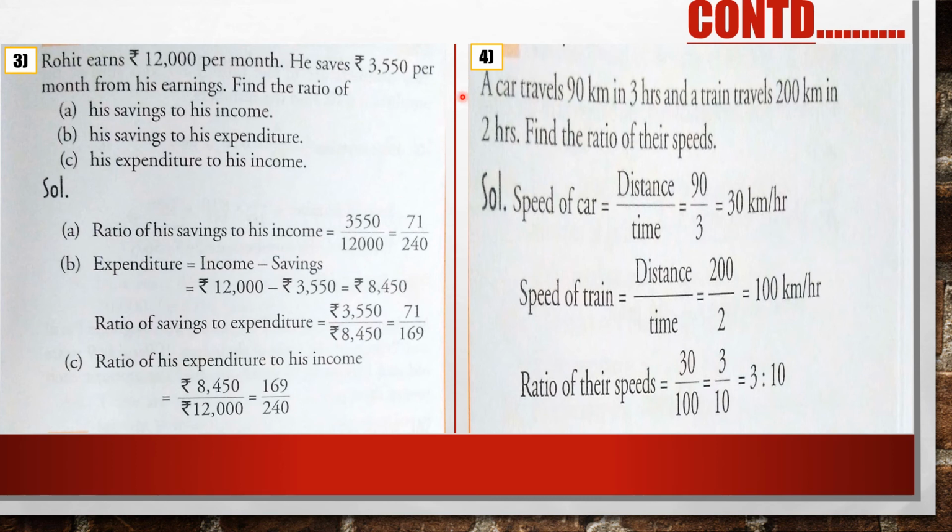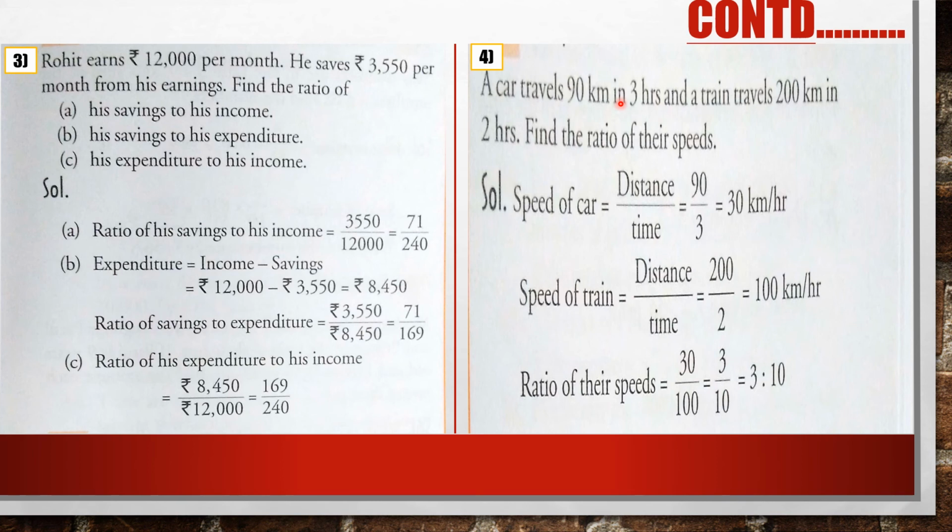Example 4. A car travels 90 km in 3 hours and a train travels 200 km in 2 hours. Find the ratio of their speeds. From the given question, the distance travelled by the car is 90 km and the time taken to travel this distance is 3 hours.